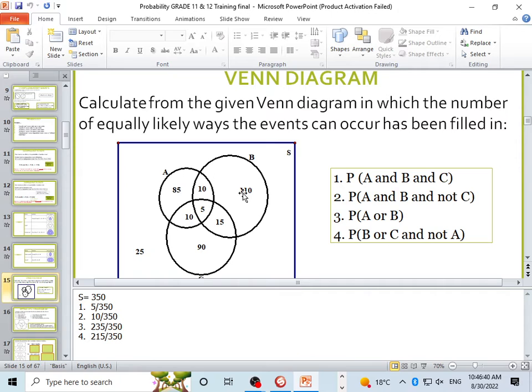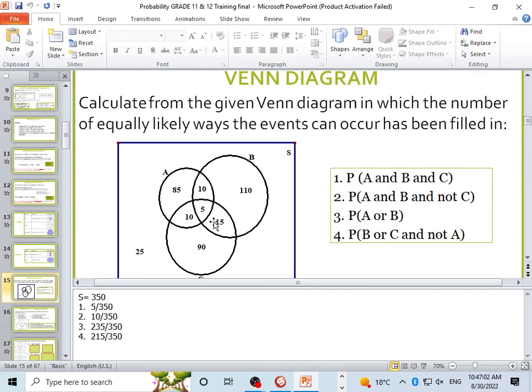That 110, is A or B in that 110? This 15, is there A or B in that 15? Yes, remember that combination means you've got B and C. Do you understand? Okay, so we have to add that 50.